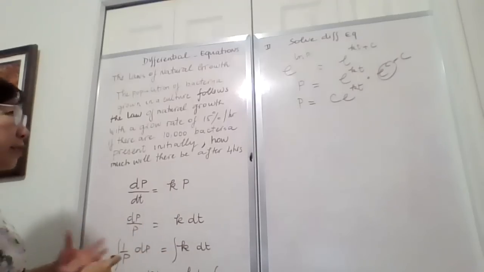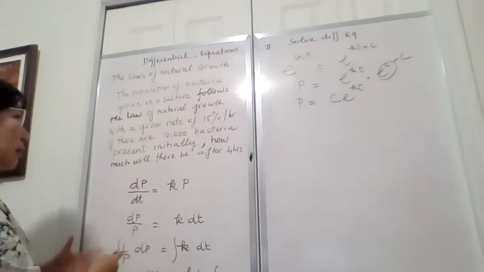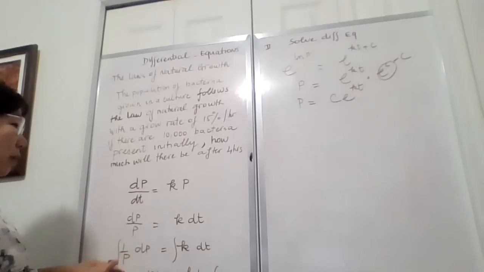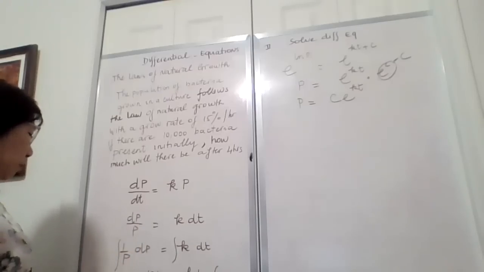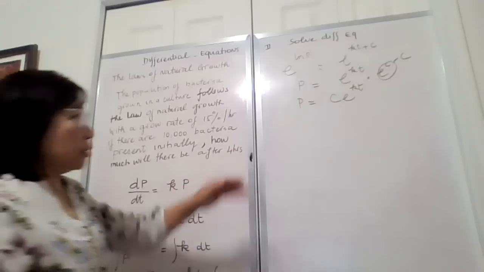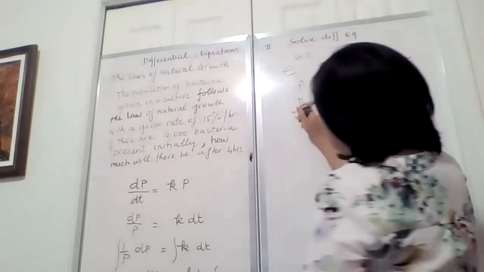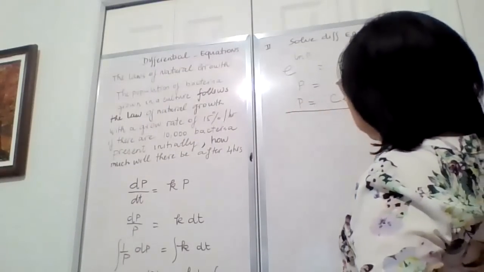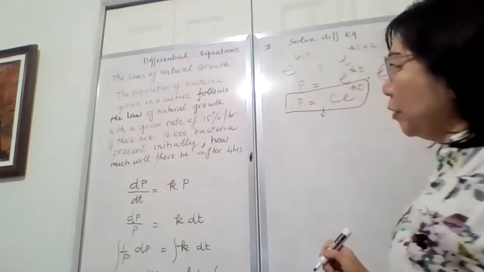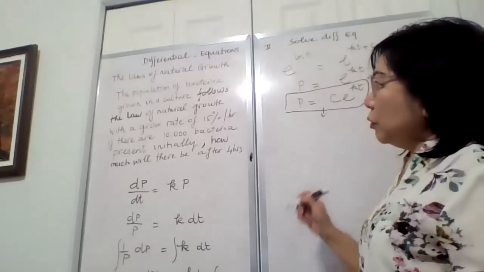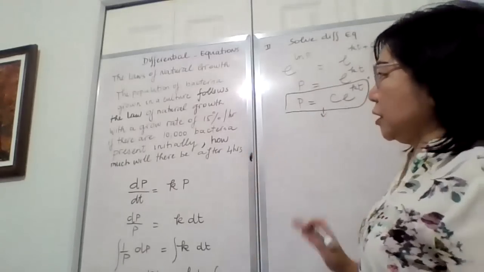Instead of y in terms of x, this is the population in terms of t, in terms of time. So we solve for the initial equation, and this is what we get. This is how we apply the differential equation. So now we come up with this formula, right? Then we will use this formula and solve this easily.